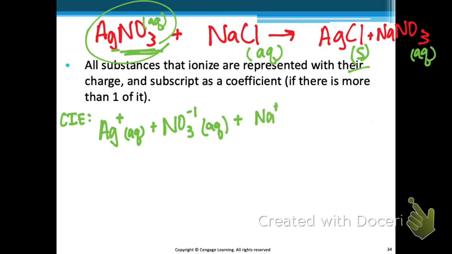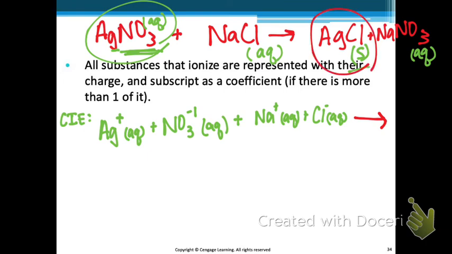So that becomes Na+, aqueous, and Cl-, aqueous. Before, we could just leave off those states of matter, but now we have to be more careful and include those. I'm going to write our products down here on the next line because I don't have enough room. Our products are going to be down here in red.